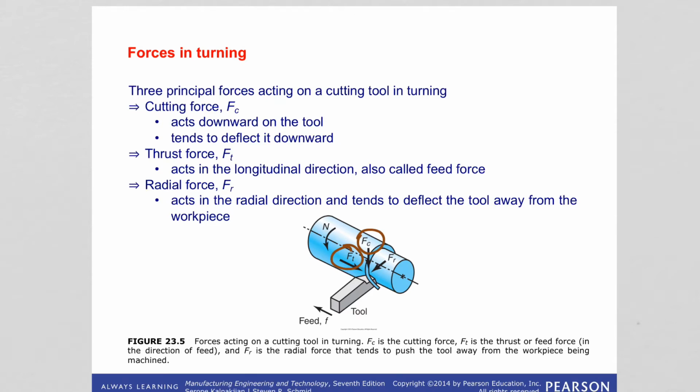This force tends to deflect the tool towards the right, away from the chuck. And the radial force, Fr, acts in the radial direction and tends to deflect the tool away from the workpiece.